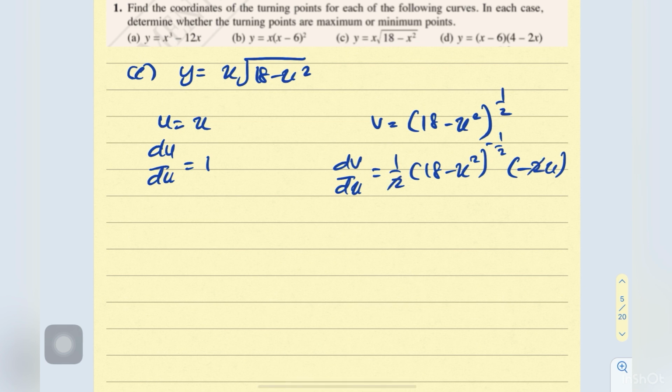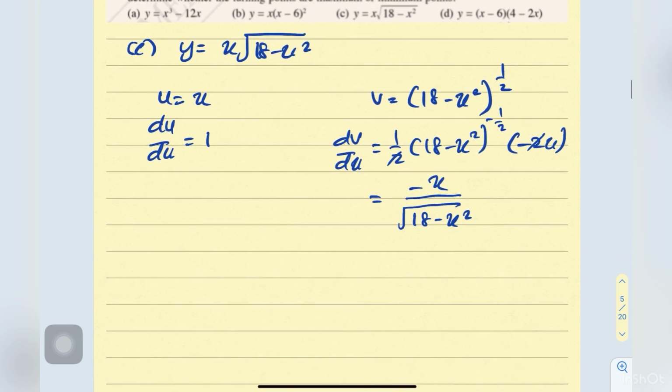This becomes negative x over the square root of 18 minus x squared.